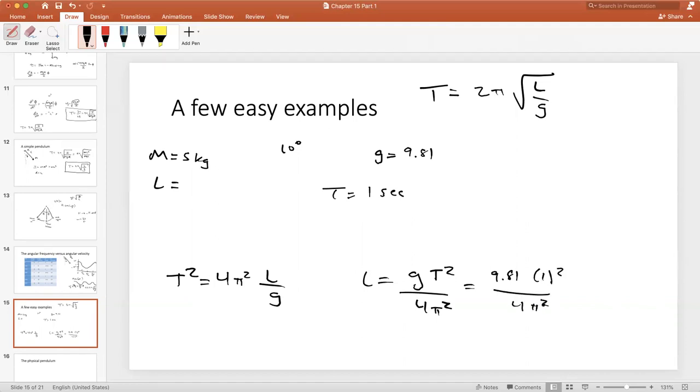All right, so 9.81 divided by 4 times pi squared gives me 0.2485. So I need a 24.85 centimeter long string.